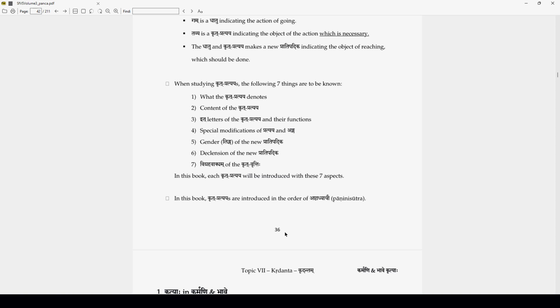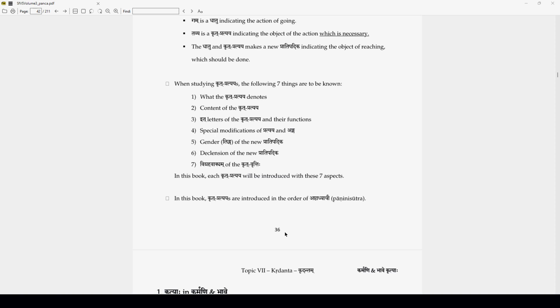It letters matter in the process of derivation. When we add the pratyaya, parts of the pratyayas are deleted in the process, and then the final pratipadika will be formed.